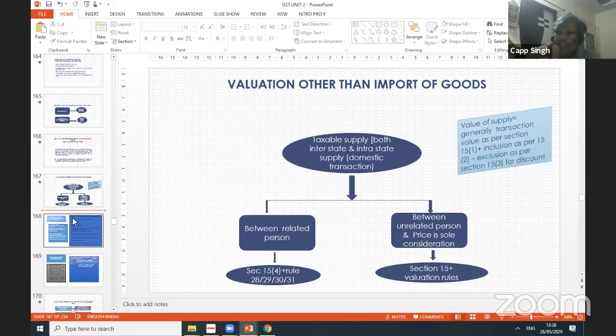However, if the supplier and recipient are related persons, or price is not the sole consideration, then we have to refer to the valuation rule. That point we must note.